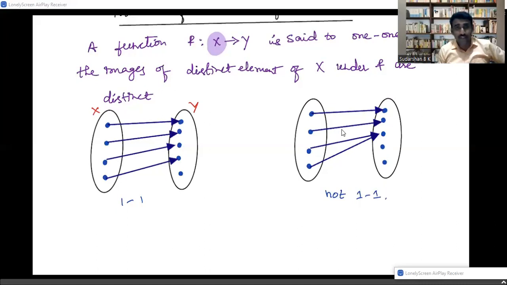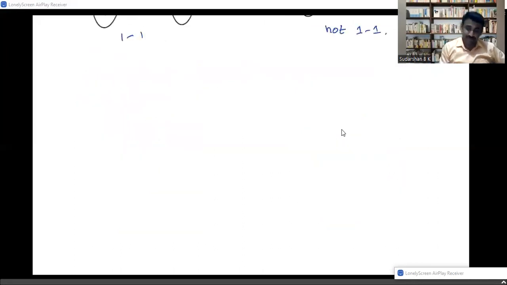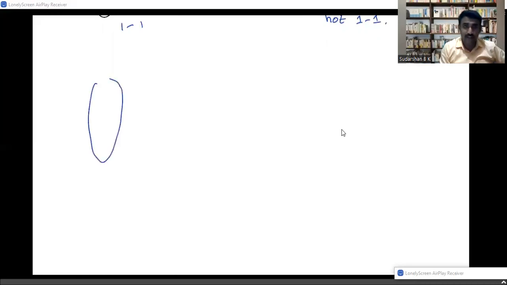Now, let us go to how to find the number of one-to-one functions from the given two sets. For example, if I say set X has m elements and set Y has n elements.